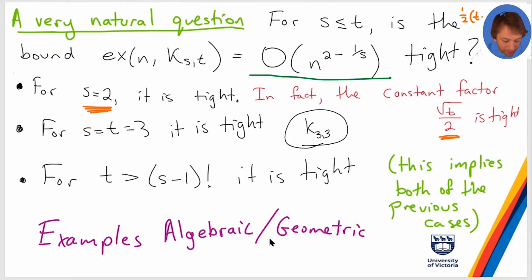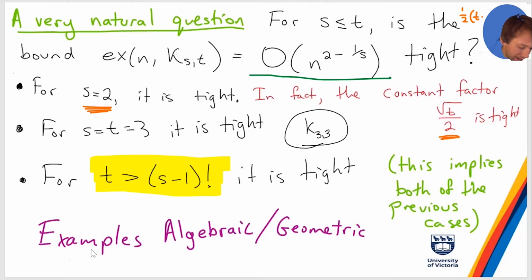But for a long time, these were the only examples where anyone knew that you could actually match this bound. Until the 1990s, when some people proved a really bizarre statement: as long as t is way bigger than s, so t is greater than (s minus 1) factorial, where in K_{s,t}, t is the big side of the bipartite graph and s is the small side, then again there's a construction which matches the upper bound up to a constant factor, which is completely bizarre.